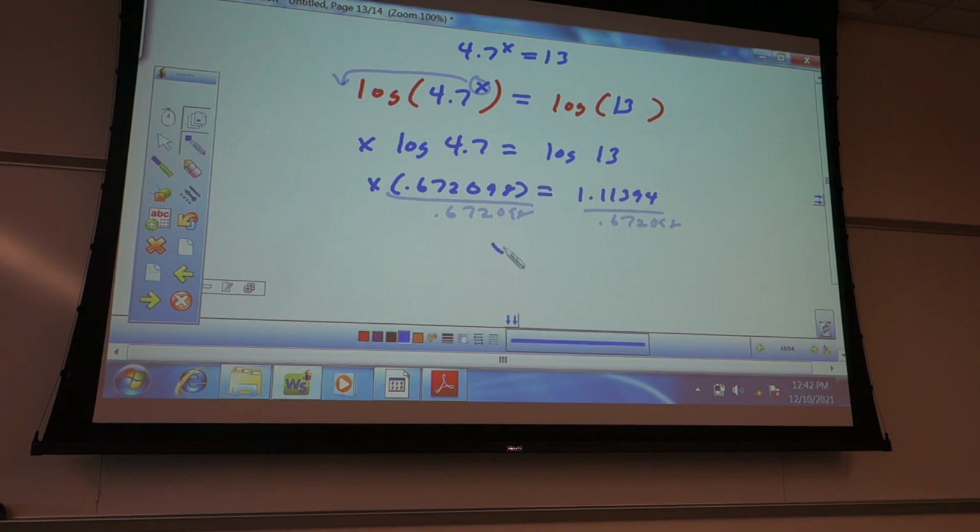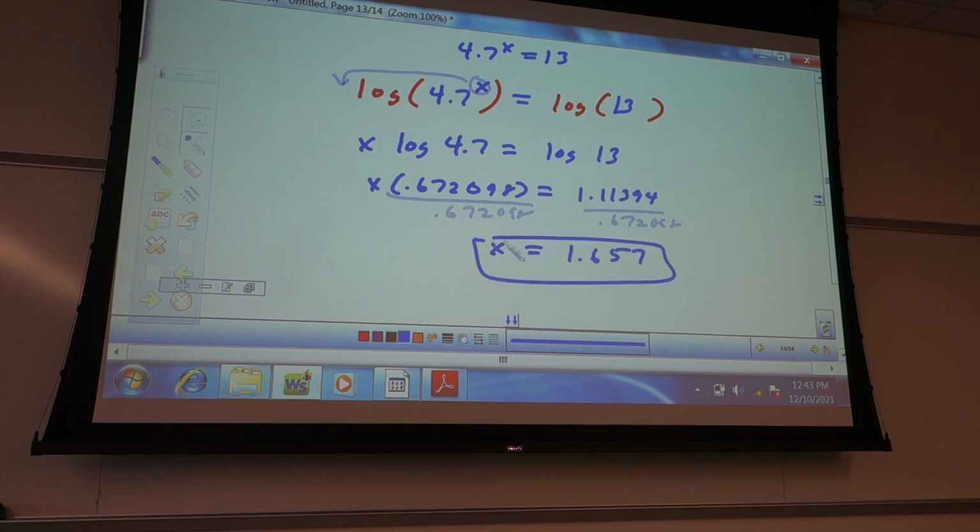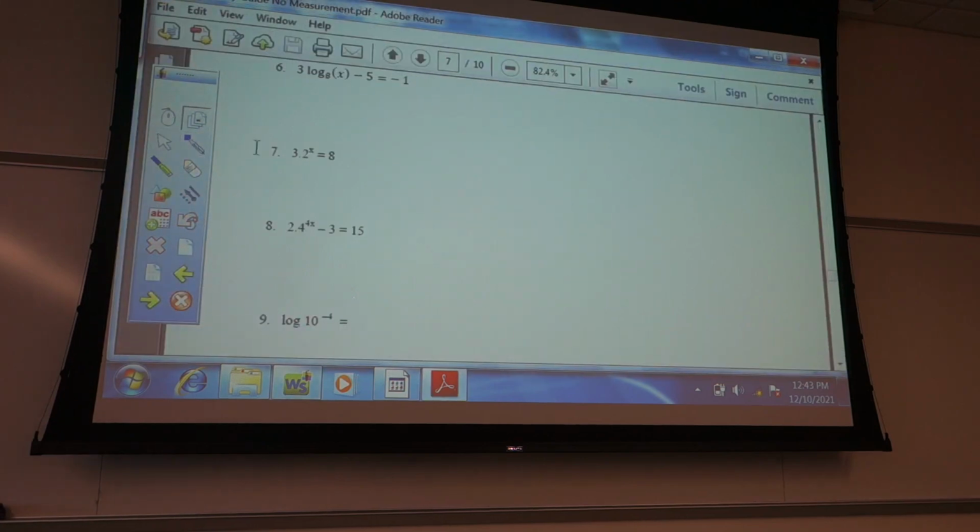And I'll end up getting x equals 1.657. Done. So you folks now work on 7 and 8.